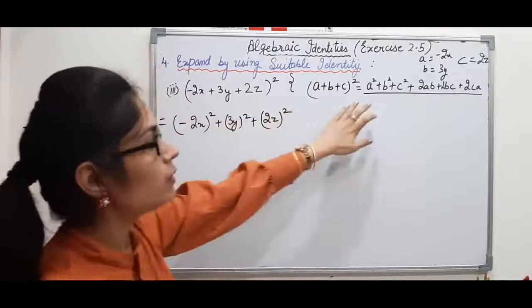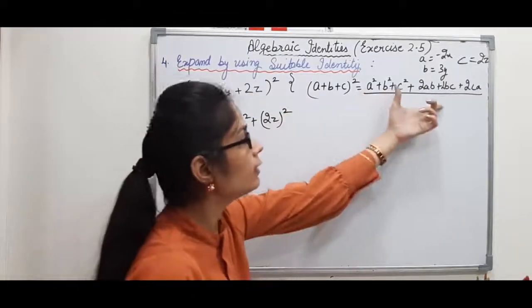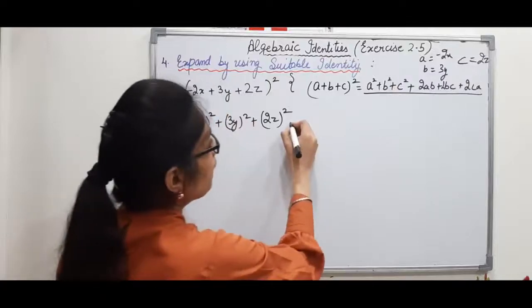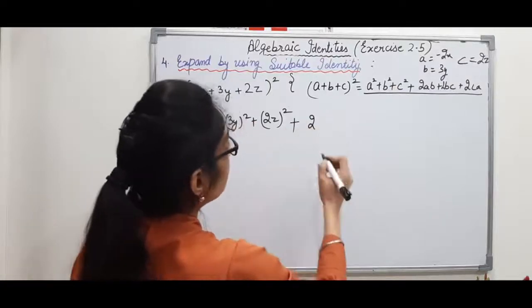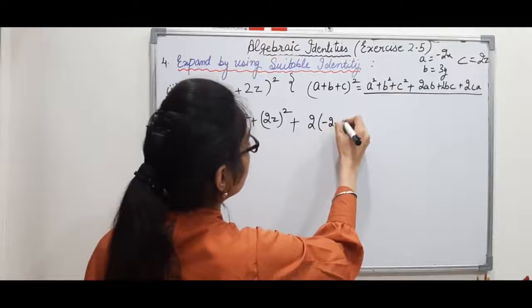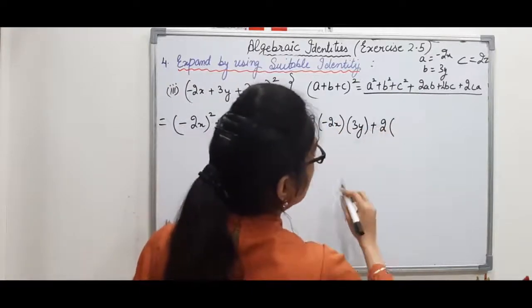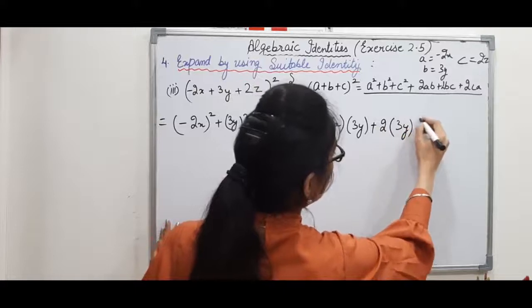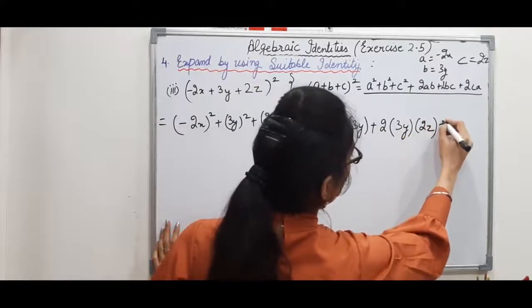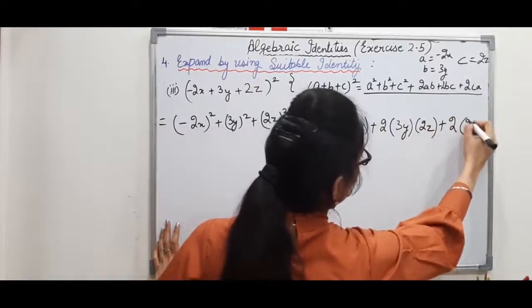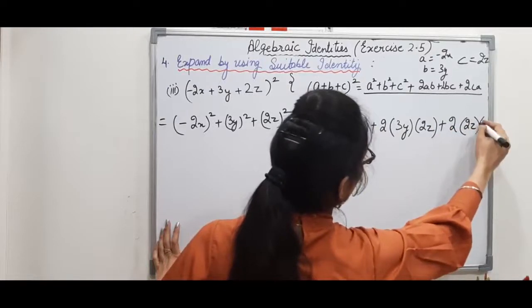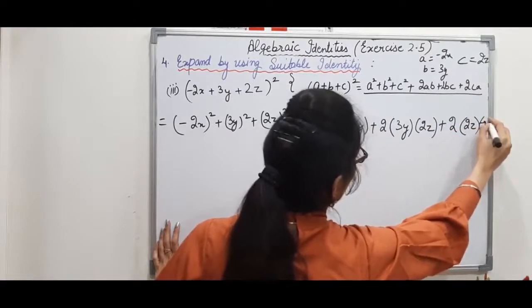So same, I am just putting the values in this expanded form. Plus 2 into ab. So a is minus 2x, b is 3y, plus 2bc, b is 3y, c is 2z, plus 2ca, c is 2z and a is minus 2x.